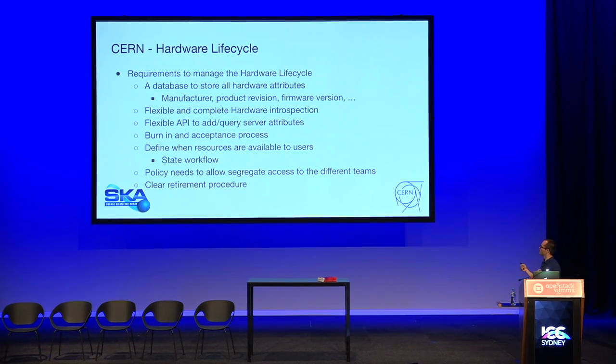A flexible API then to query this information in an easy way. A burn-in and acceptance process, so something that actually tests the hardware before it's accepted and delivered to the users. Of course, for this, we need a stable workflow and a clear retirement procedure.